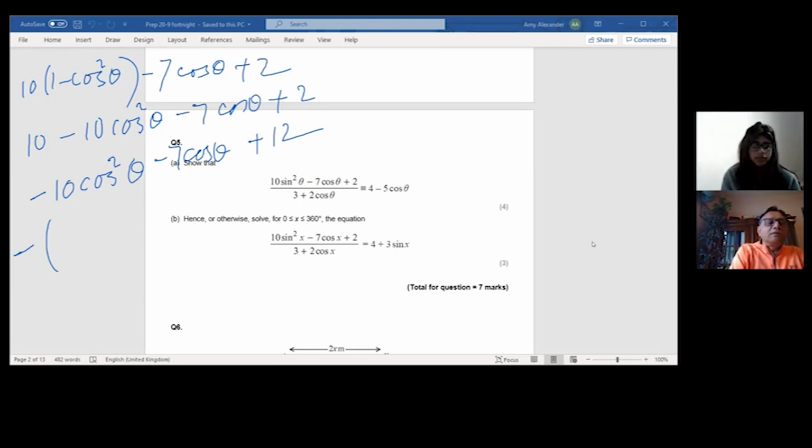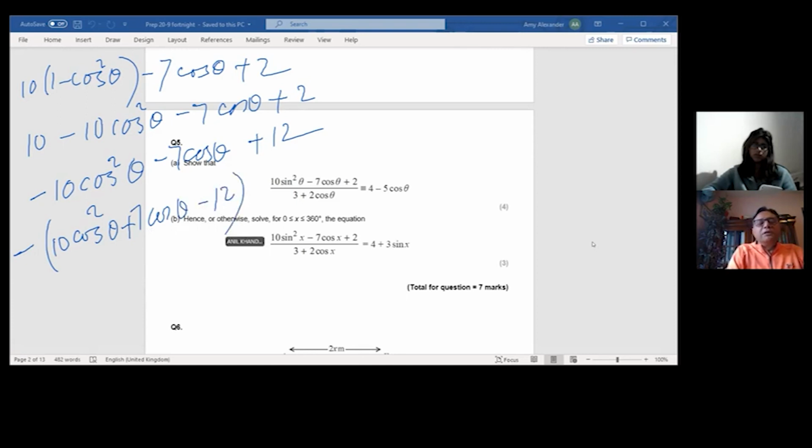Yeah, or you can cross multiply and bring all terms together also. When you take the minus out, it's 10 cos²θ + 7 cos θ − 12. Correct.